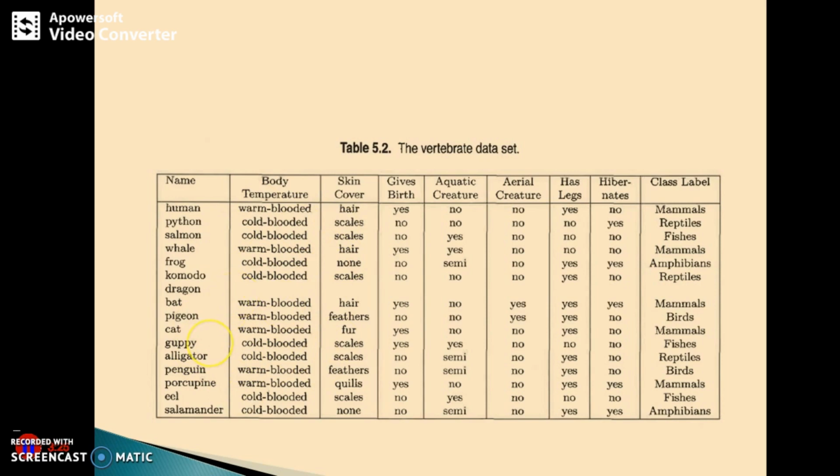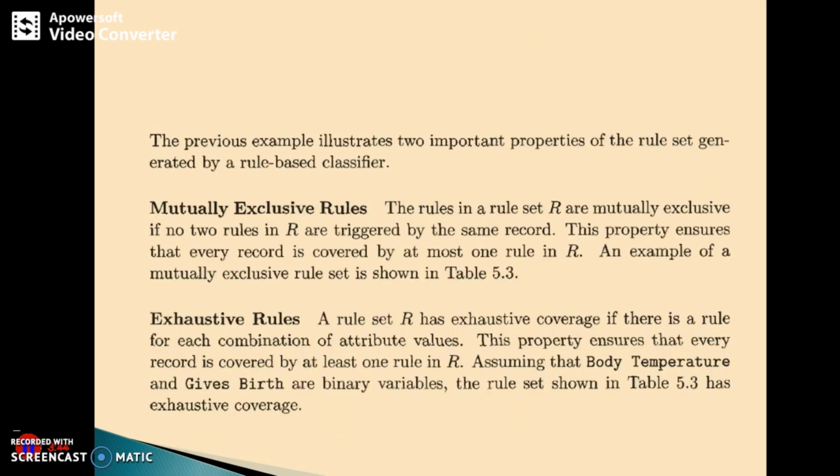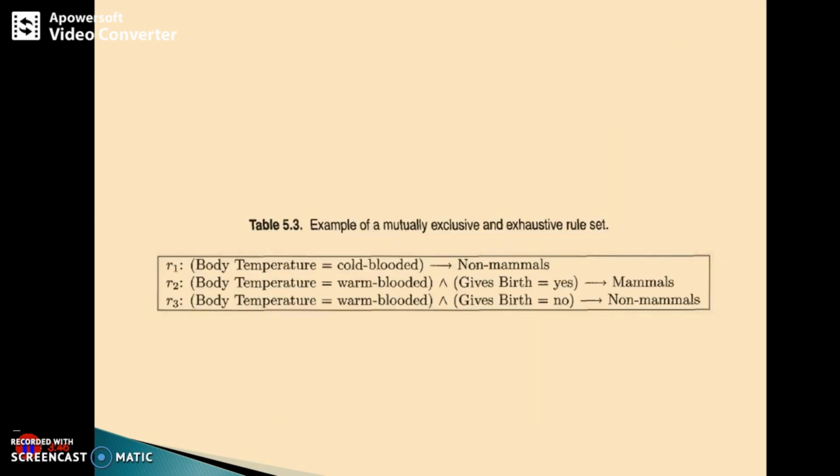Again, an exhaustive rule means no record should be left out in the data set which is not covered by any of the rules that you have written. A record should not be left alone which doesn't satisfy any rule. So that is an exhaustive rule, right? Okay, so these are the 2 things we have.